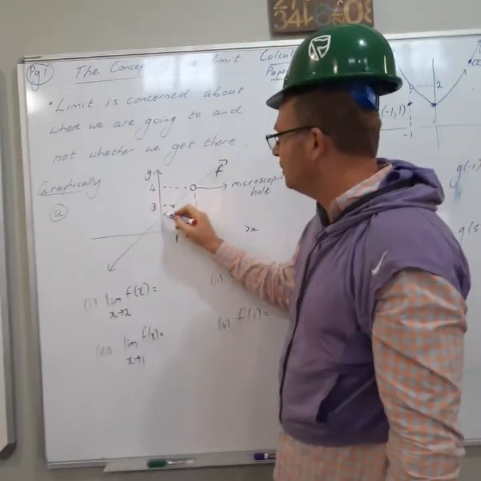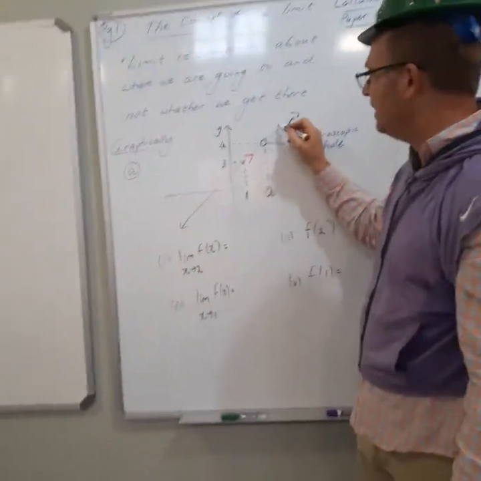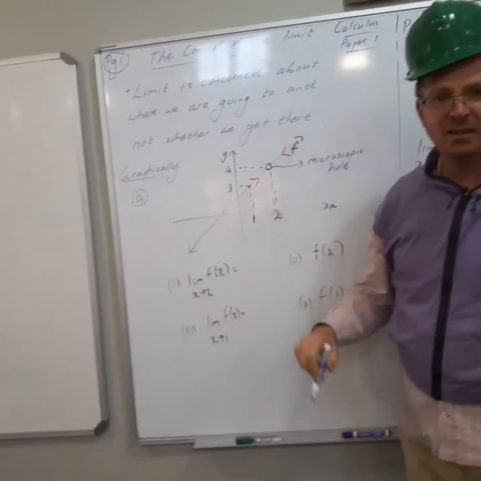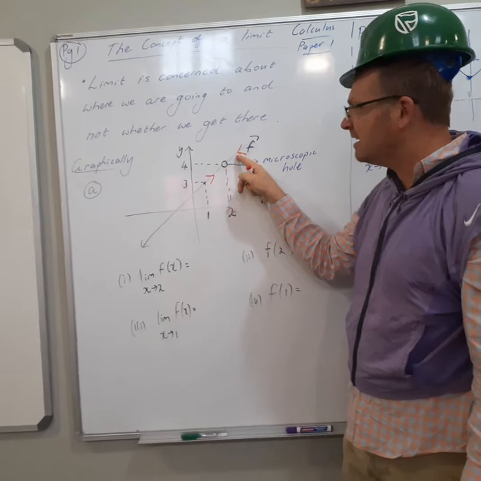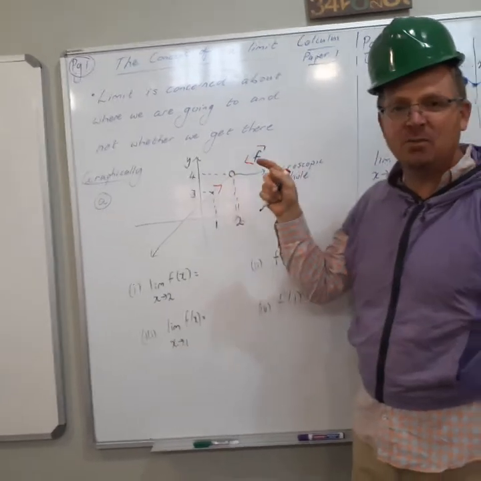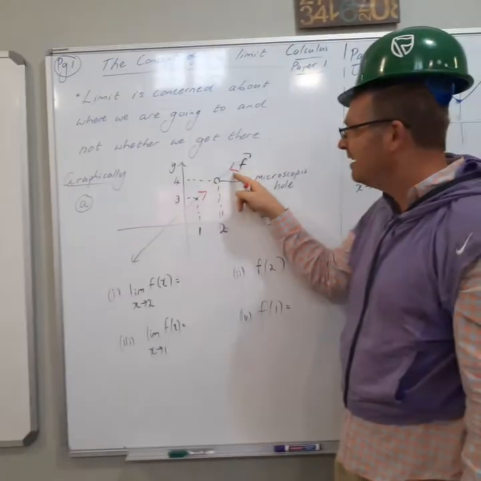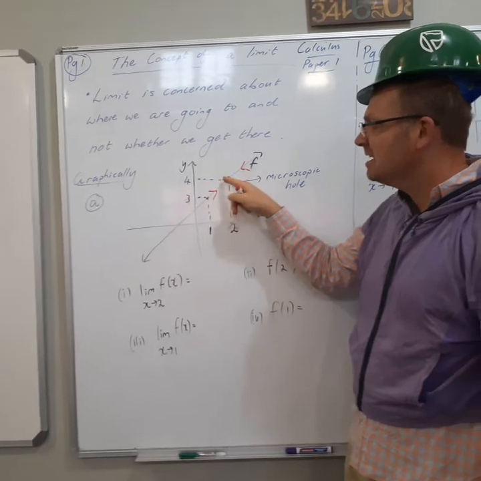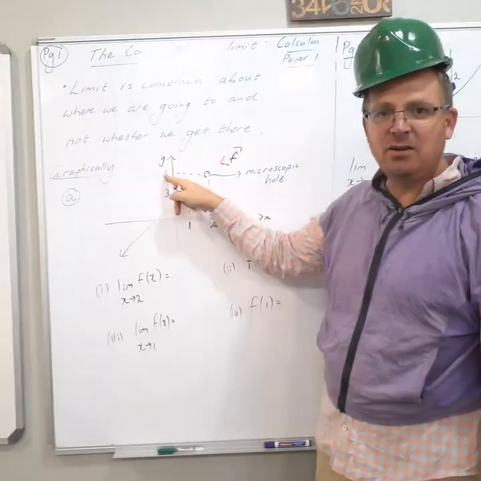What do the cockroaches think? A limit value is a y value. These two cockroaches think they're going to get to a y value of 4.